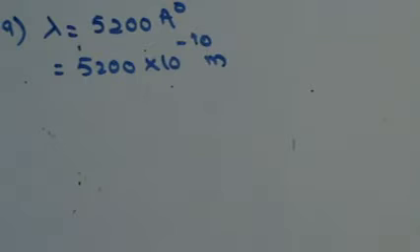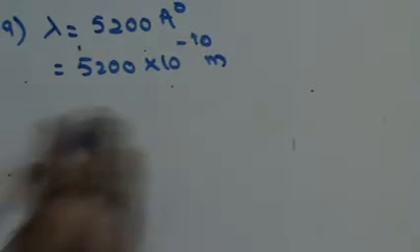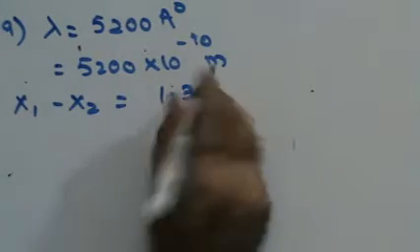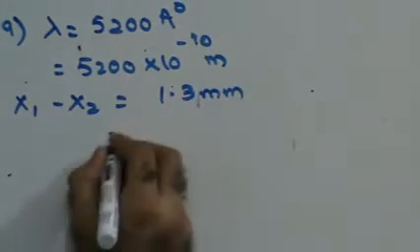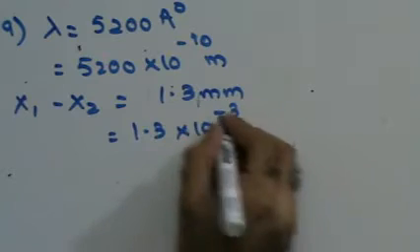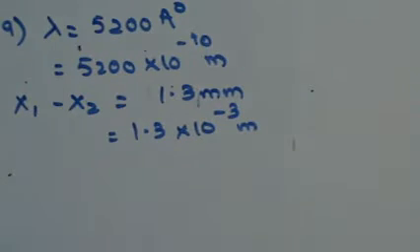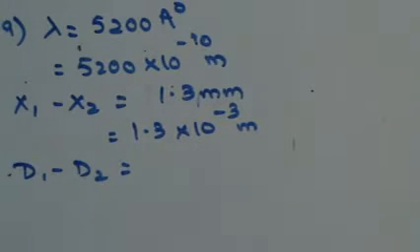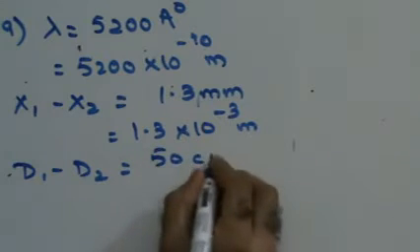The fringe width changes by 1.3 millimeters when the screen is brought towards the biprism by 50 centimeters.